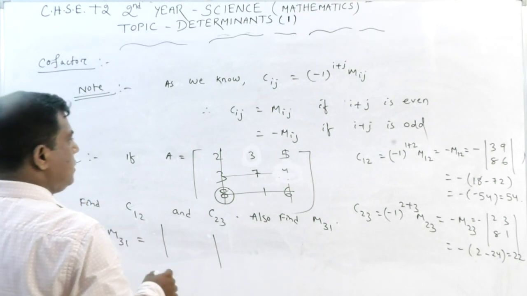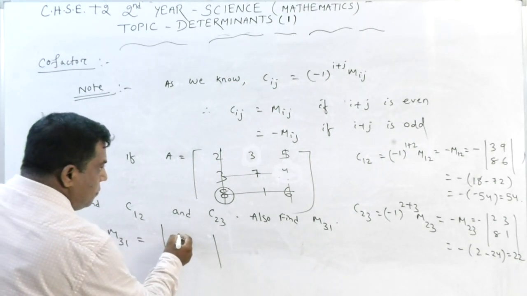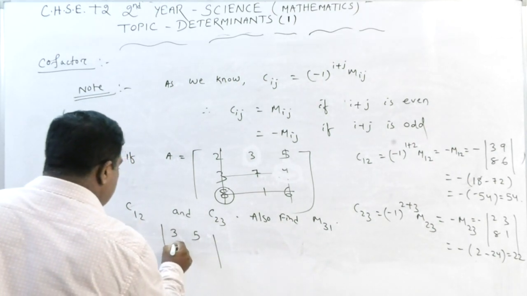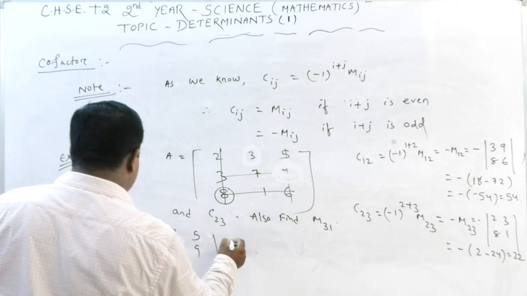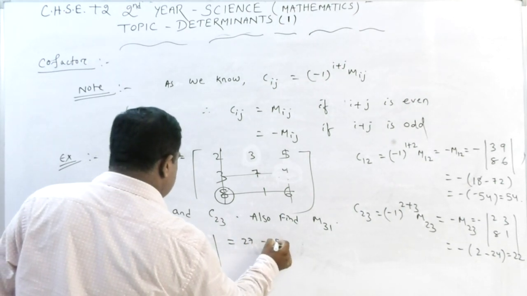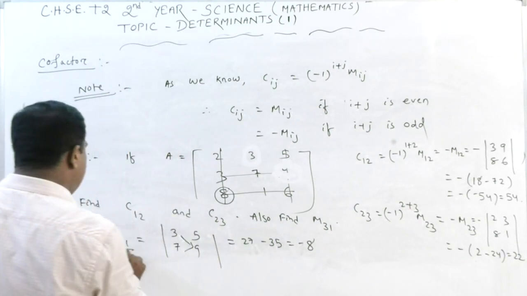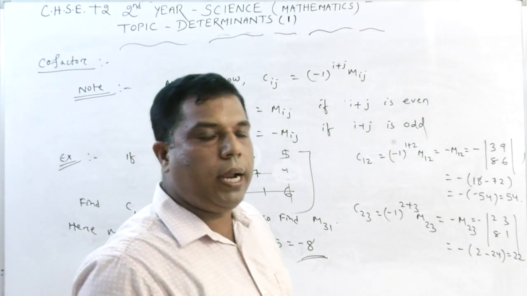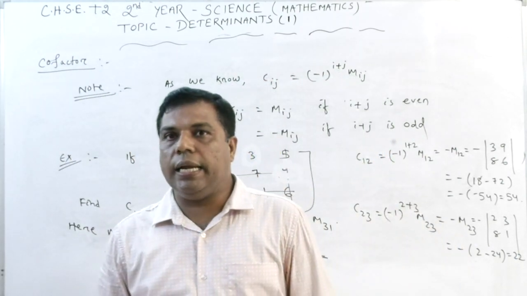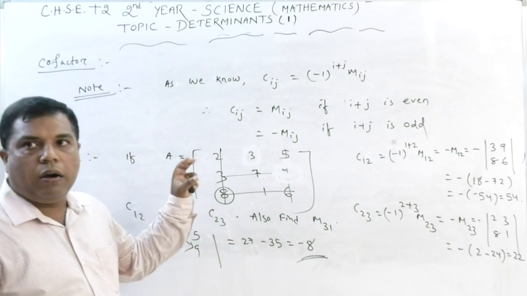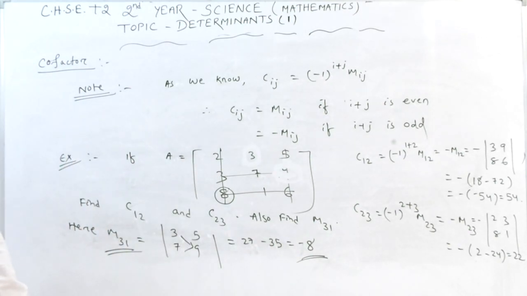So it is the determinant 3, 5, 7, 9, which equals 27 minus 35. So its value is minus 8. So that is the minor M31. In this way, dear students, we can find the minor of each and every element. This is the technique of evaluating the minor and the cofactor of the elements present in a row and column.